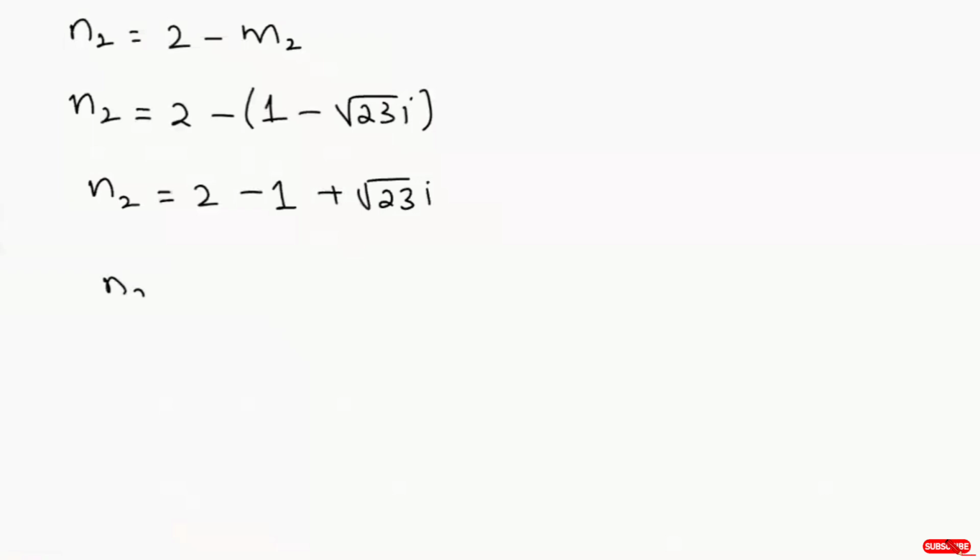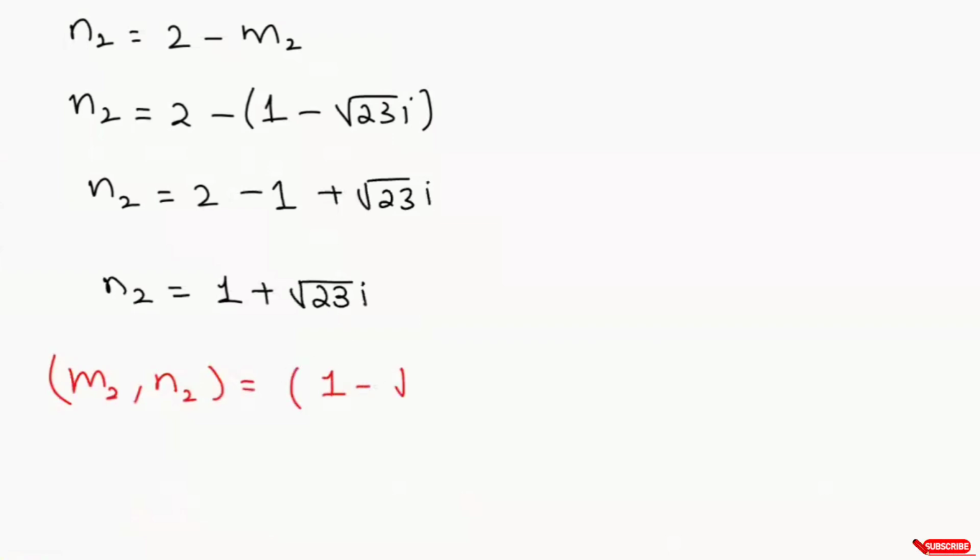This will turn to 1 plus root of 23 iota. So here we get the m2 and n2 value, that is 1 minus root of 23 iota and 1 plus root of 23 iota.